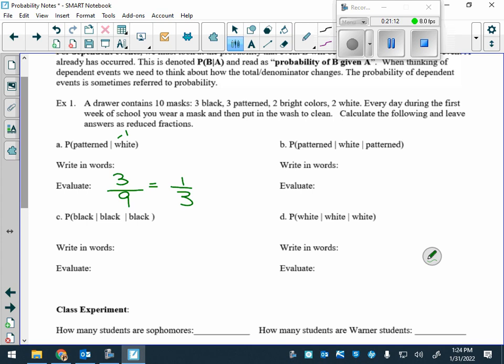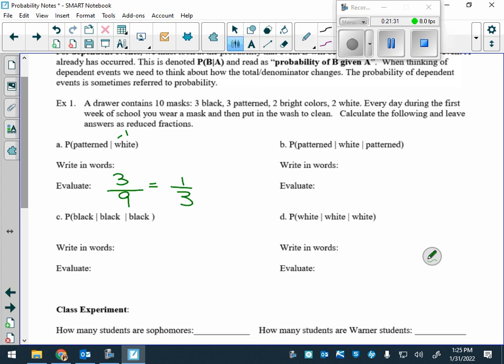All right. Now if we look at B, there's a lot more happening. Probability of selecting a pattern mask given you have already selected a white and a pattern mask. Okay?